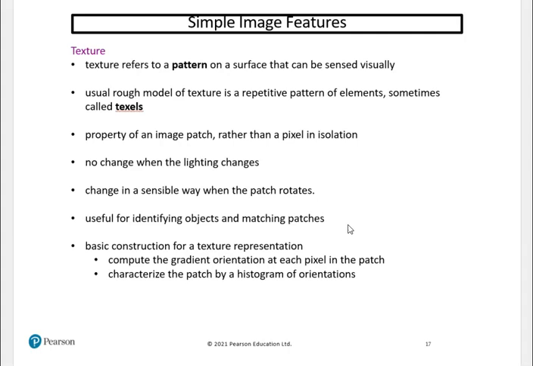We compute the gradient orientation at each pixel in the patch, and then characterize the patch by a histogram of orientation. In that case, we don't really look at intensity or change in intensity. We're looking at the orientation of the gradient.